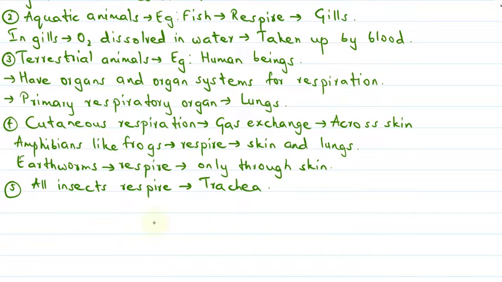Okay, so now what is trachea? Trachea is actually a network of fine tubes. Okay, so this is trachea. These trachea are also known as respiratory tubes or air tubes.